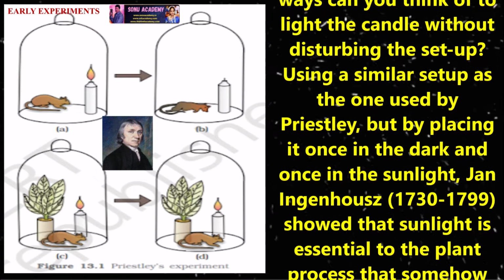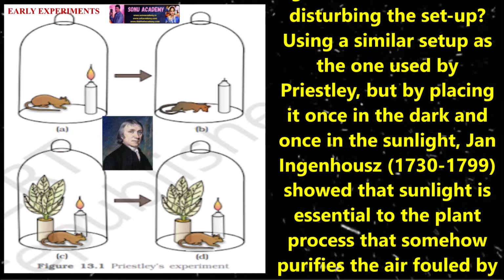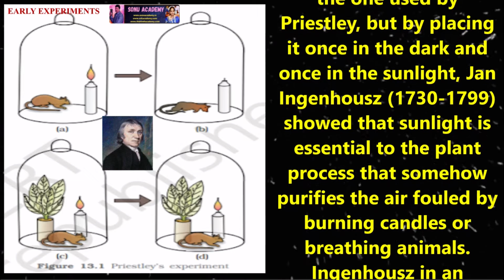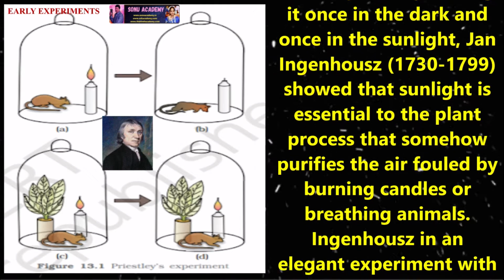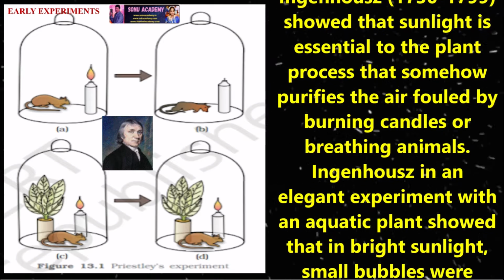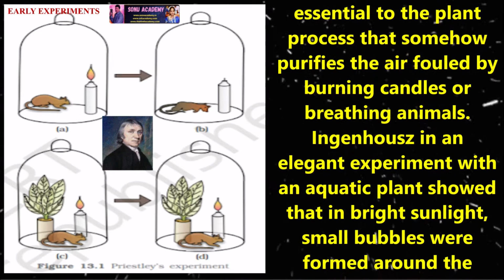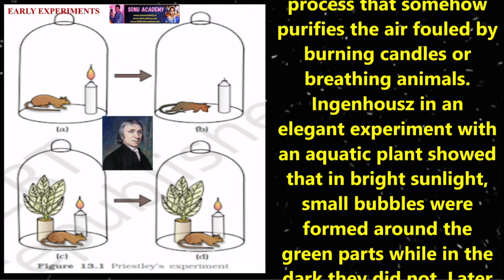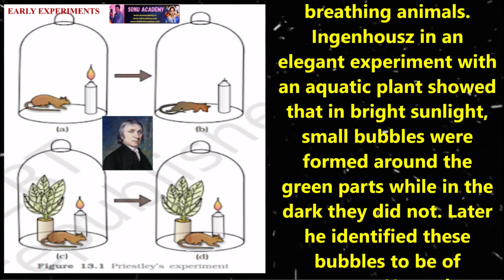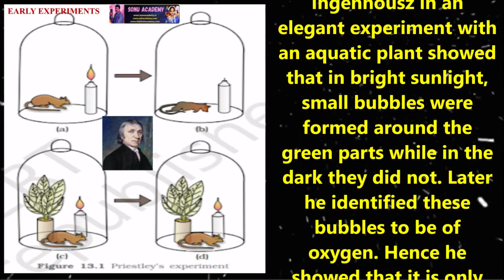Using a similar setup as the one used by Priestley, but by placing it once in the dark and once in the sunlight, Jan Ingenhousz, 1730 to 1799, showed that sunlight is essential to the plant process that somehow purifies the air fouled by burning candles or breathing animals.